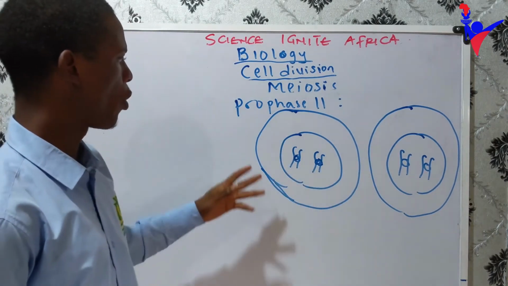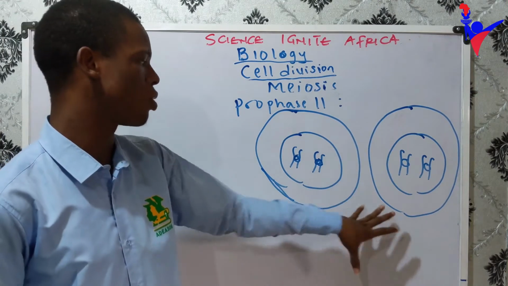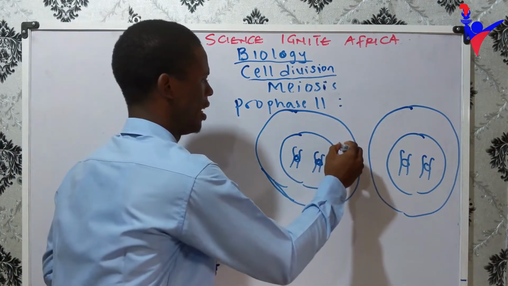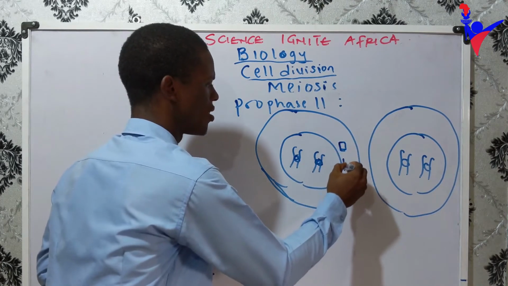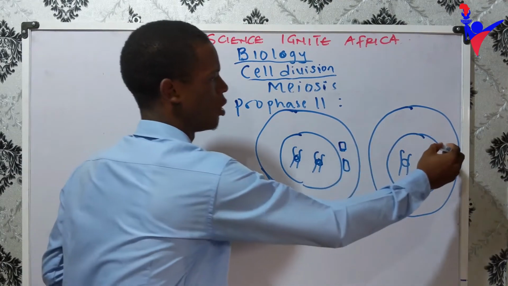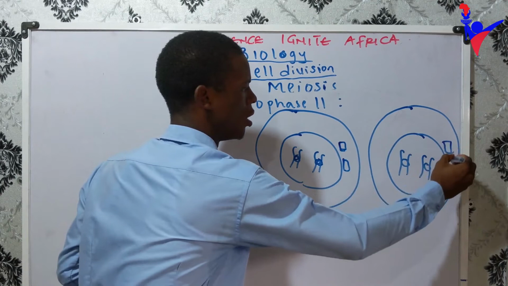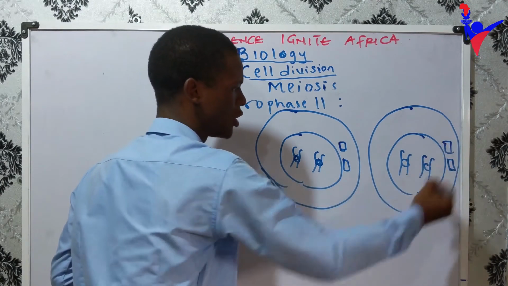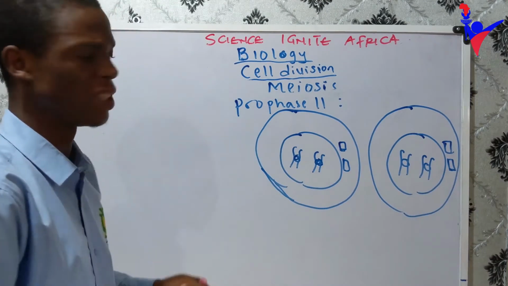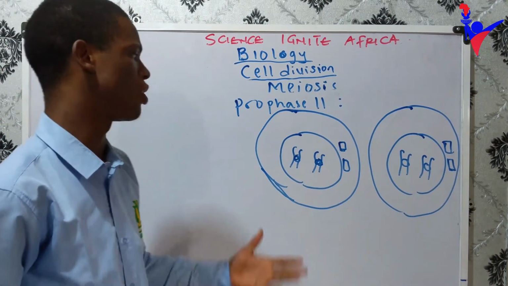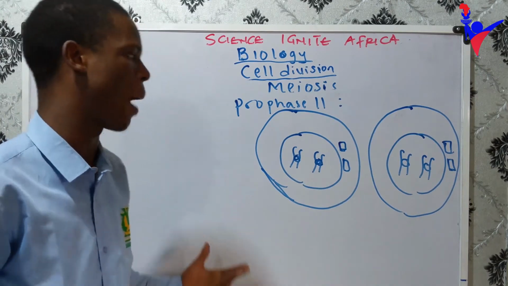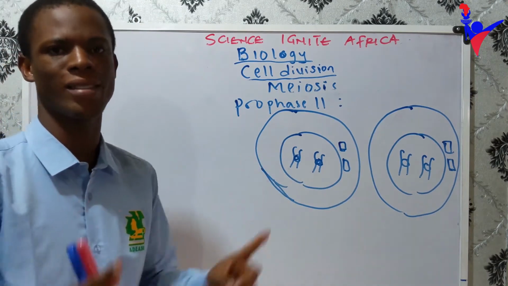In prophase 2, you can see we have two daughter cells now, and you can see there are also centrioles. You have formation of centrioles. At any prophase stage, you have formation of centrioles. Centrioles start to form, and during the late prophase, the centrioles start to move apart and spindle fibers start to form.